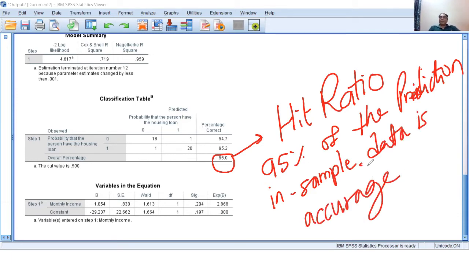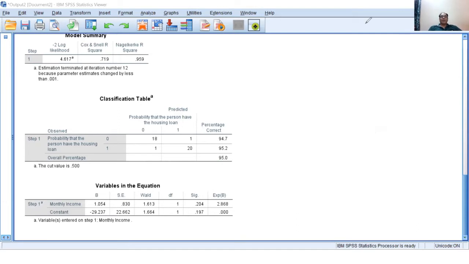We are not predicting the out of sample data. We are only predicting the in sample data, and we are getting 95% prediction accuracy according to this. So if you understand these values, 94% of cases are correct for the probability of 0, and 95.2% of the cases are correct in case of 1. So overall correctness is 95%, which is quite impressive.